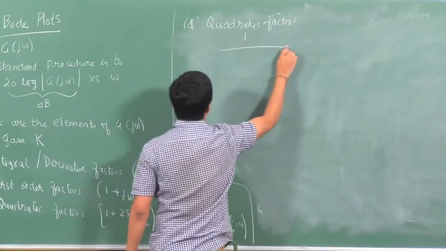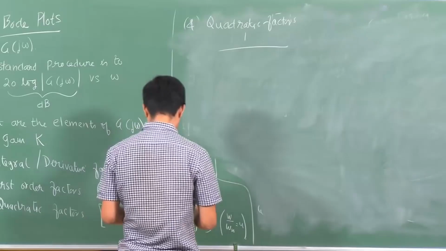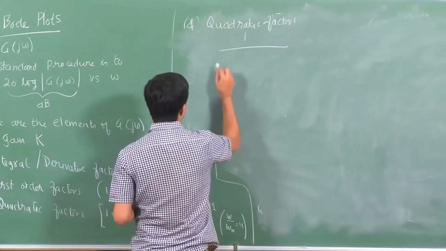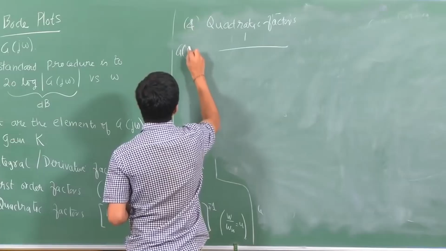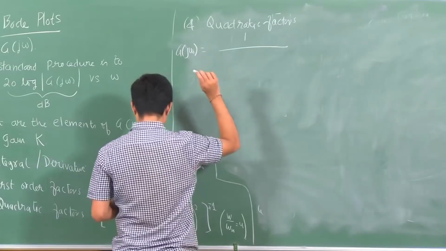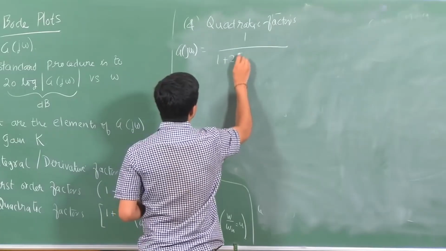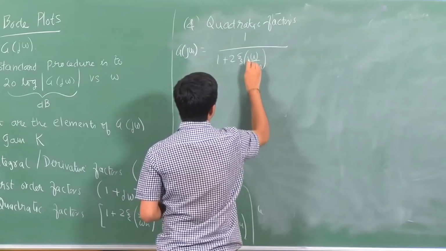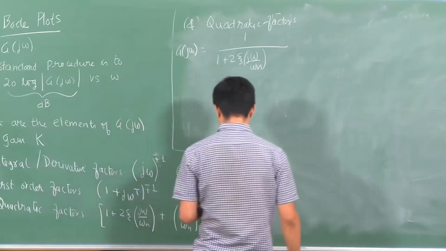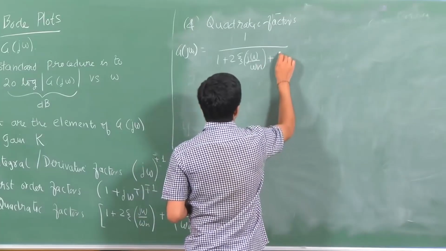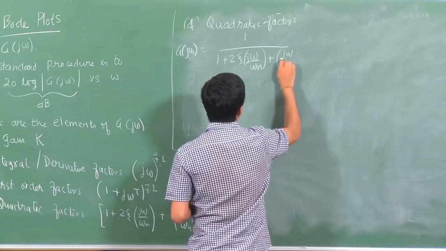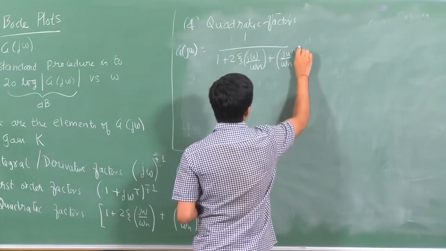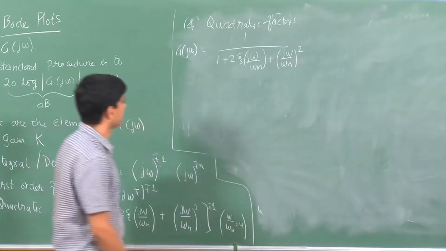Let's say they are of the form 1 over, my g of j omega is 1 over 1 plus 2 zeta j omega over omega n plus j omega over omega n whole square.